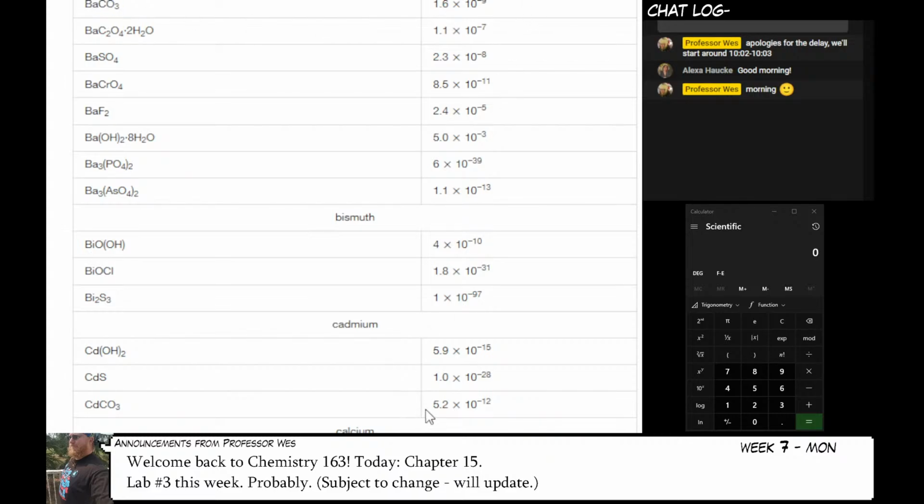But the one with the smaller KSP would precipitate first. So if I can carefully control the amount that I add, such that when I multiply the amount of cadmium that's in there by the amount of carbonate that's in there, I get a number that is bigger than KSP, a precipitate forms.